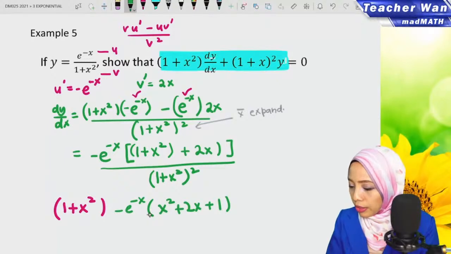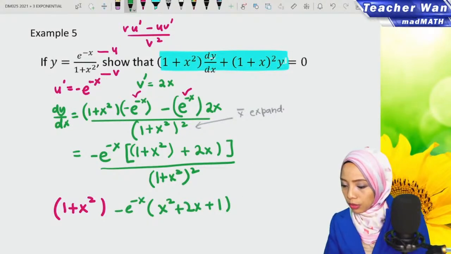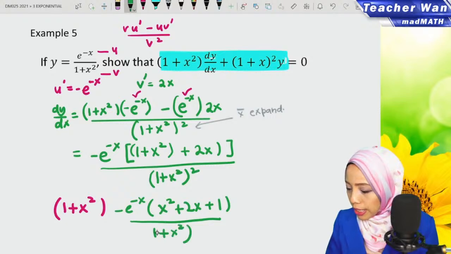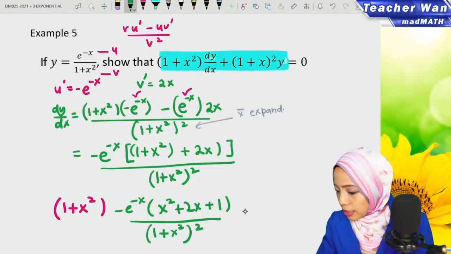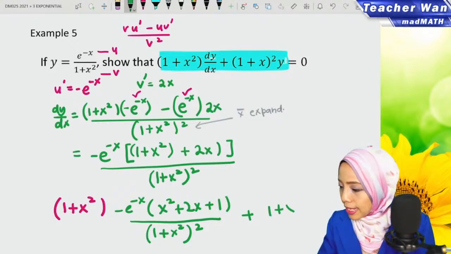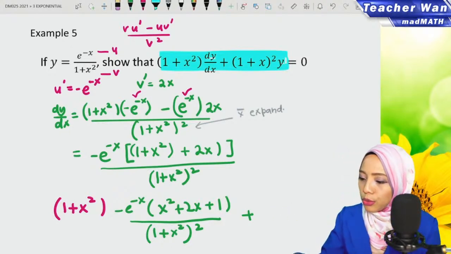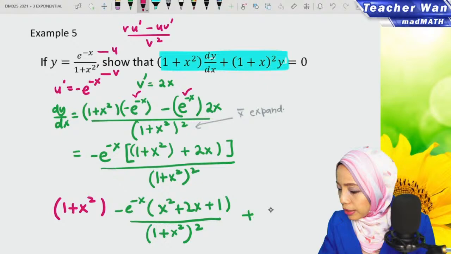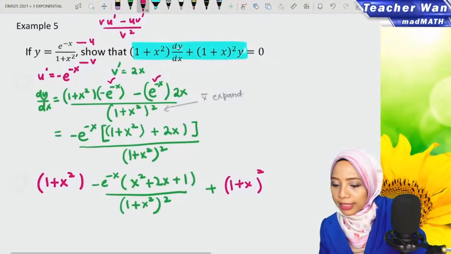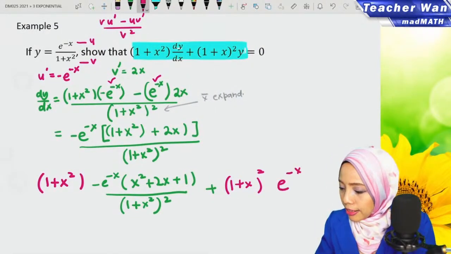Over 1 plus x squared, it's a bit messy. I don't want to use green, how about I use the pink one so that you won't get confused? Okay, what is our y? Our y is e to the negative x over 1 plus x squared.